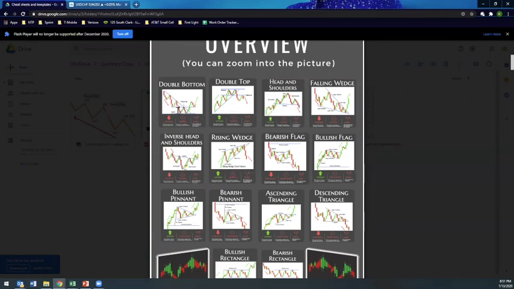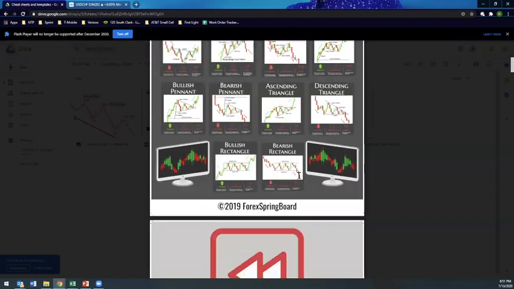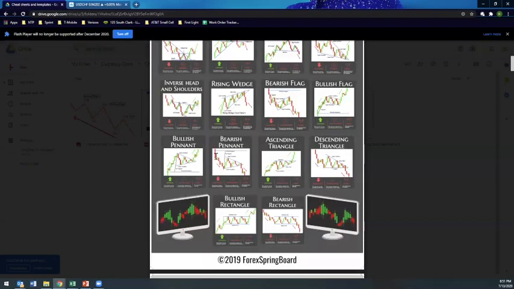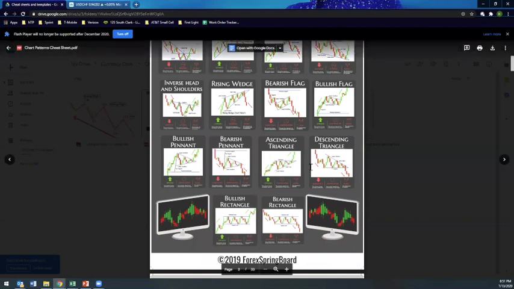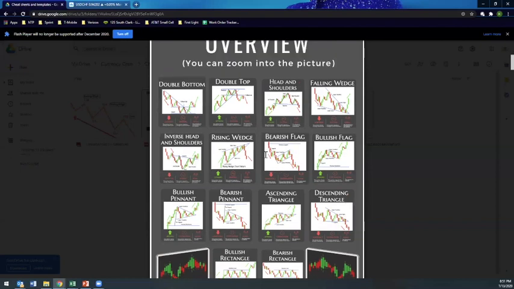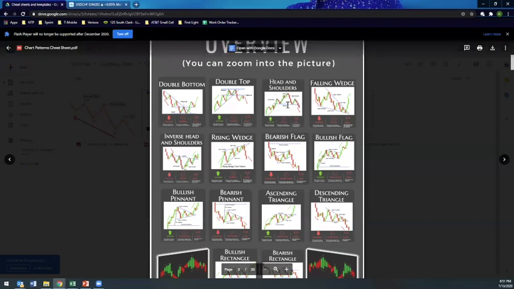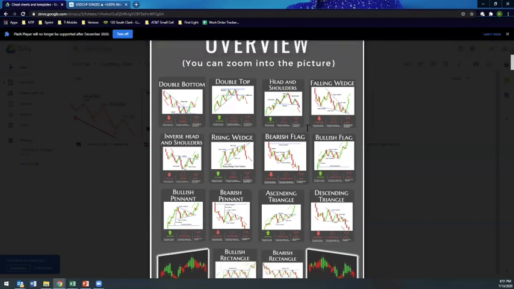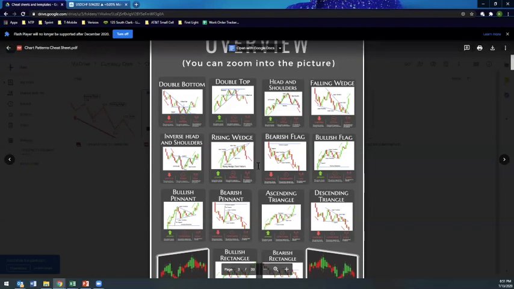But definitely understanding all of these different types of patterns is going to help you understand what you're seeing. You can expect certain things based on these chart patterns as well. So head and shoulders or double bottom, you can expect to buy. Have head and shoulders, you can expect to sell. So these things also help give you further confirmation as to what's getting ready to happen in the market.